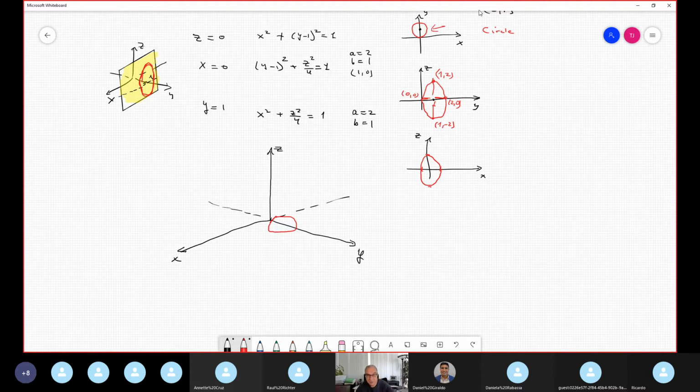Okay, so you rotate. It's obvious, right? We have an ellipse. Let me try to do my best by hand. One ellipse like that. Bang. And another ellipse like that. Bang. Okay. And this is my ellipsoid.